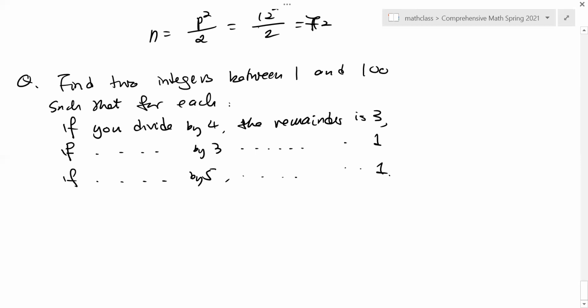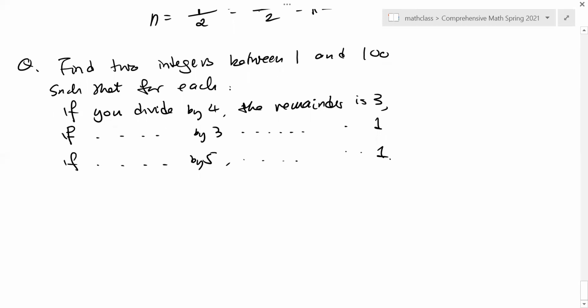There would be multiple pairs of solutions. If you have three integers and I ask you to find a pair of them, then you have several pairs. All right, so you try. We still have time.